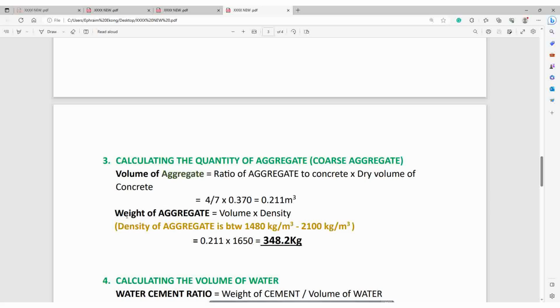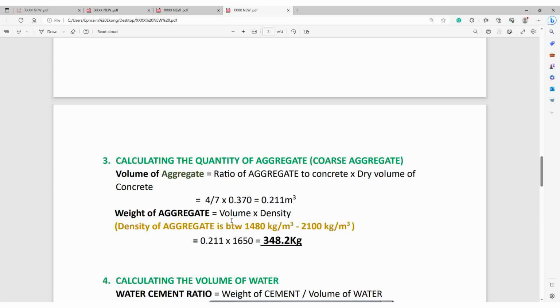Now, to achieve the weight of aggregate, it is equal to the volume multiplied by the density. Take note, the density of the aggregate is between the range of 1,480 kilogram per meter cube to 2,100 kilogram per meter cube. So you have to choose within this range. For this class, I choose 1,650, which is between 1,480 and 2,100.